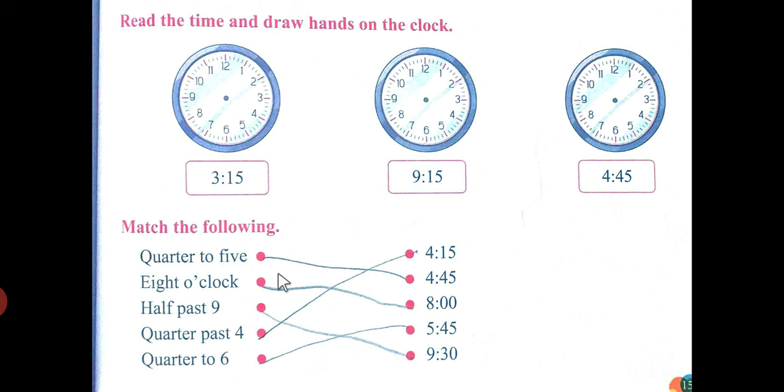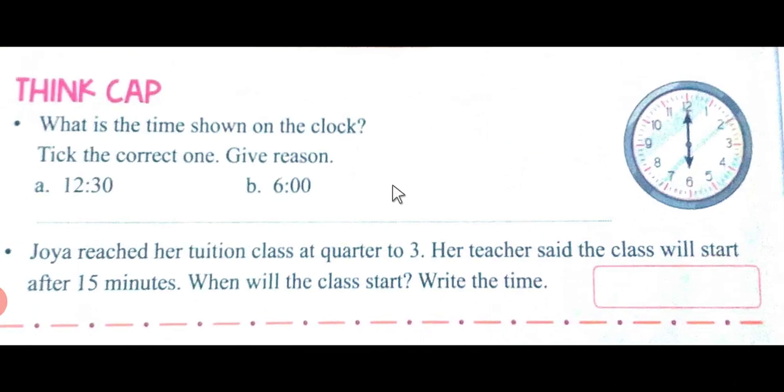Match the following as I have done for you. 4:45, 8 o'clock. I have done 9:30, 4:15, 5:45. Think cap: what is the time shown on the clock?